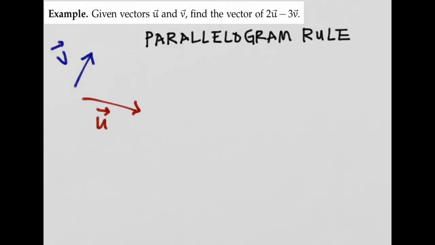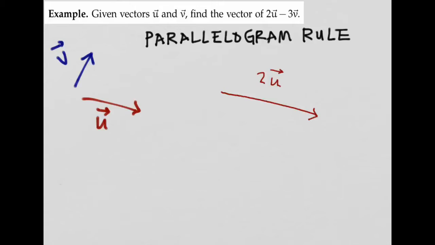Now let's work the same problem, but this time we'll use the parallelogram rule. So I'll start by drawing 2u, and I'm going to position minus 3v so that its initial point coincides with the initial point of 2u.